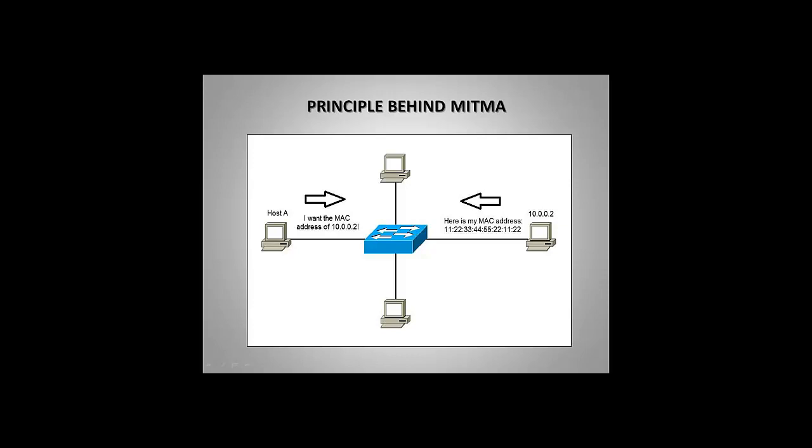There's a protocol we call the ARP protocol, which is the Address Resolution Protocol, which maps MAC addresses to IP addresses. So if host A, which is the attacker, wants to communicate with the machine that has the IP address 10.0.0.2, the machine knows the IP address of the destination machine but is not aware of the MAC address.